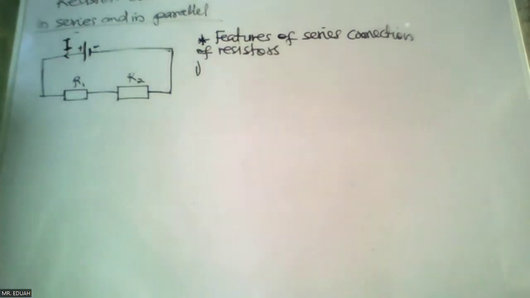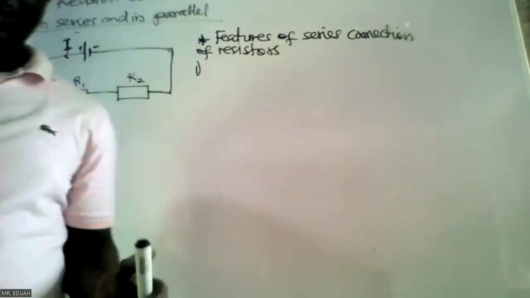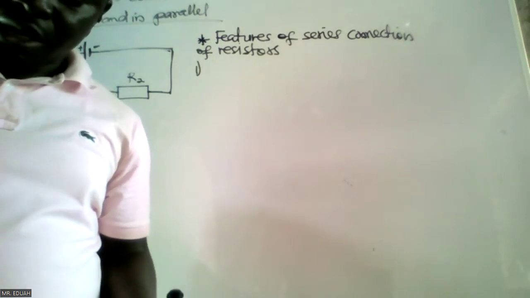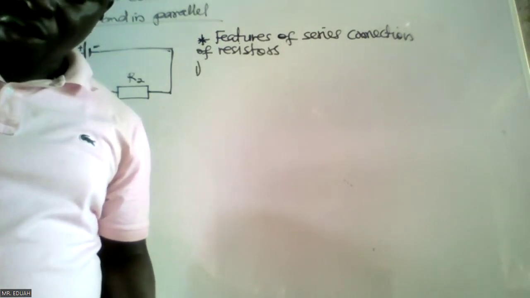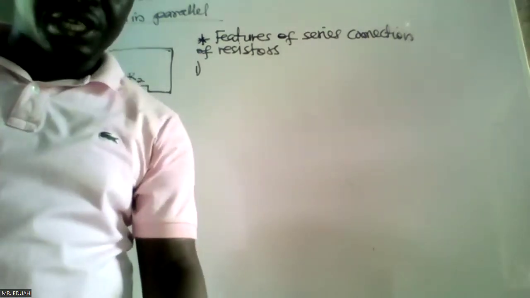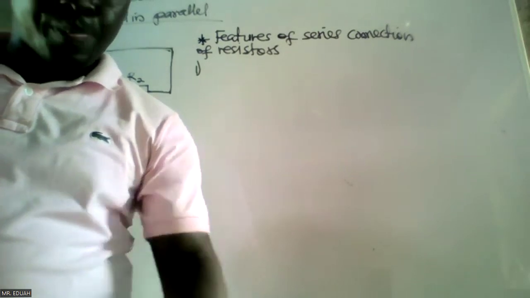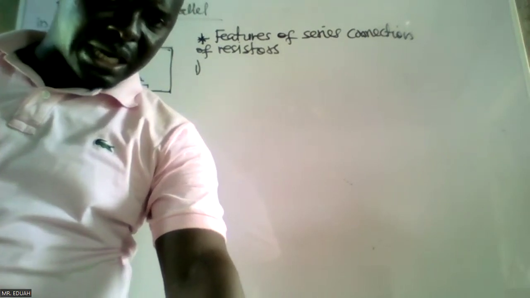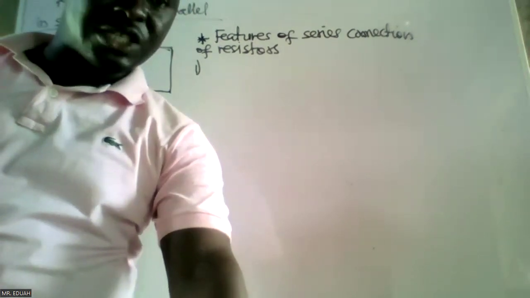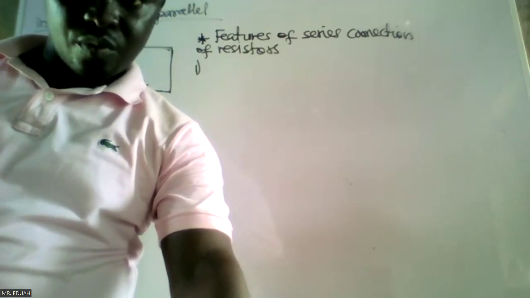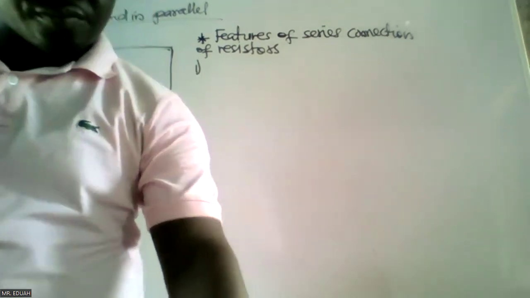One, when resistors are connected in series, can you share with me, in fact, you've been reading, some of the features of resistors connected in series? When we connect resistors in series, what are the keynotes or features? Rachel, Mary, Inshira, and Kay, what are the features of series connection?